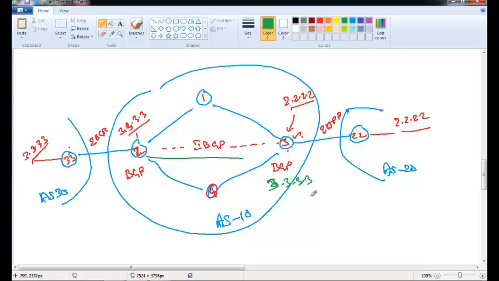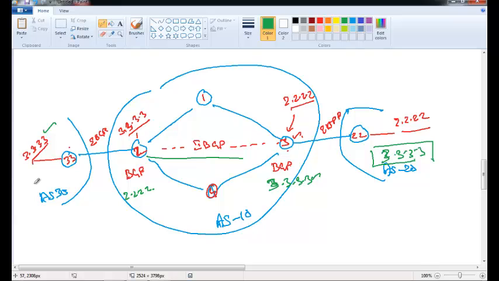Whatever is learned from router 3, I'll write in green color here: 2.2.2.2. Okay. Now what they have learned from the left will be learned on the right. So because R3 knows about 3.3.3.3, it will advertise to 22. Now 22 has learned about 3.3.3.3. Now because you have this route in the routing table, you can ping.